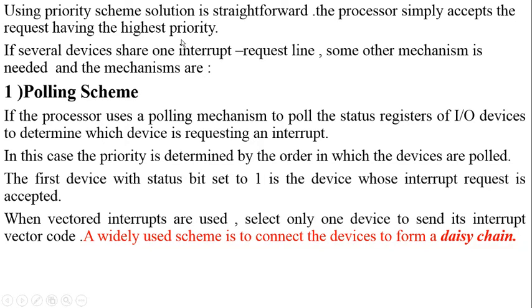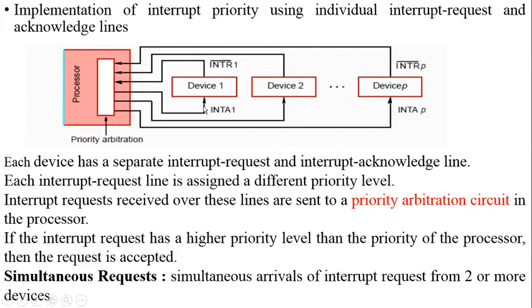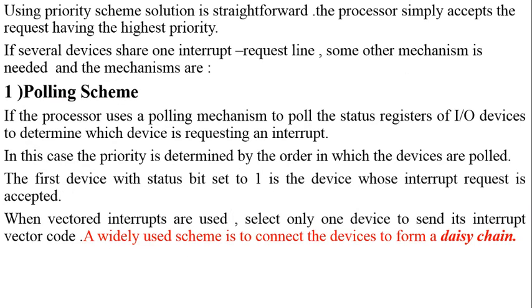If we follow this system and different devices have different priority, then we have no complication. If two different devices request service from the processor, then the higher priority request will be processed first.